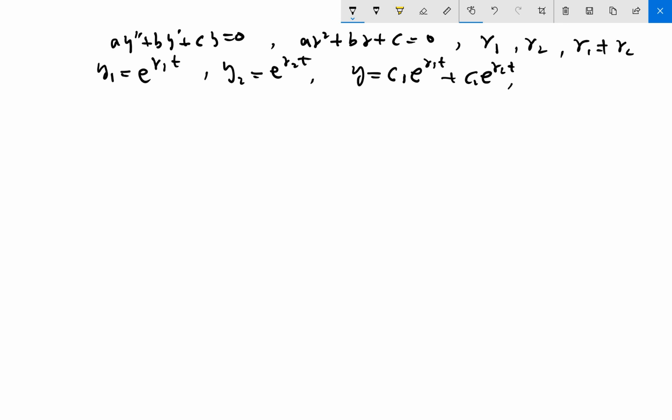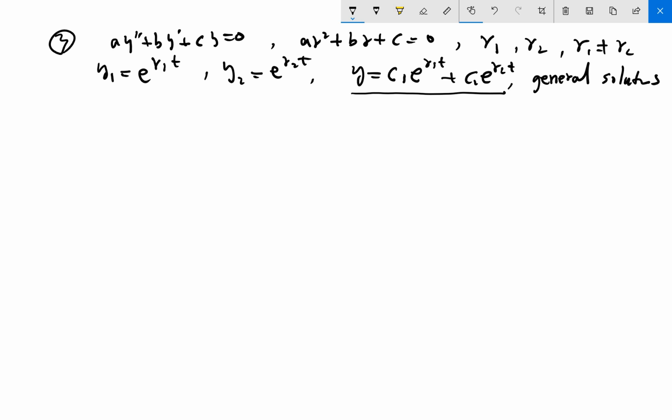And in fact, we call this a general solution. Any solution for this equation 3 can be written in this form.